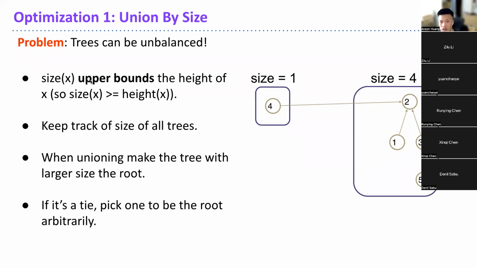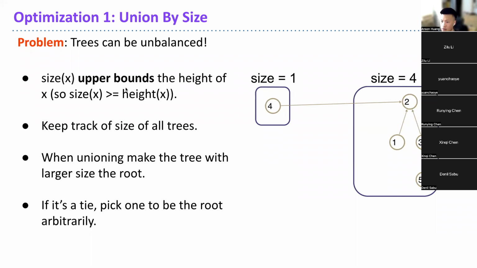Size is always going to upper bound the height of X. Why is that? It's because in the worst case, a tree is going to be a linked list. So the height of that tree would be the size of the list. So the size, we know, is always going to upper bound the height.